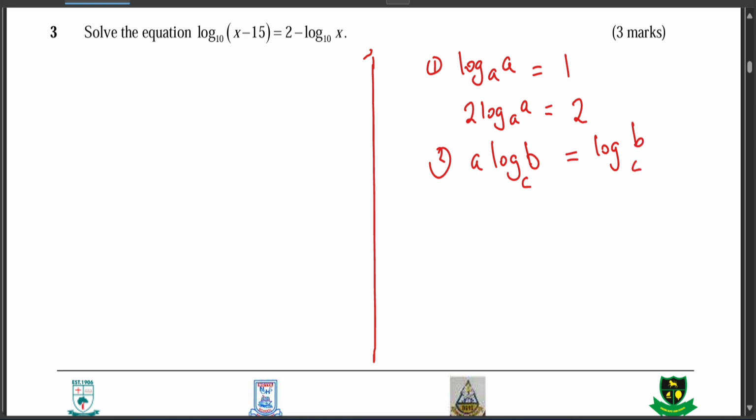The second rule: a log b, let's say base c, is just equal to log b base c raised to power a. The a that is in front of the log becomes the power of b. The third one is subtraction.